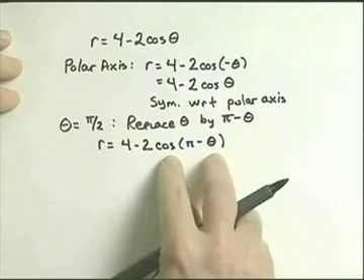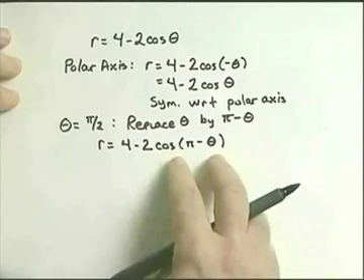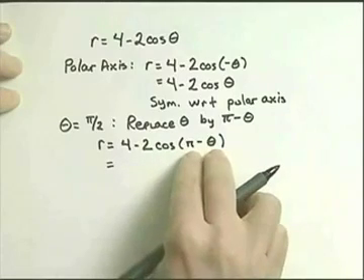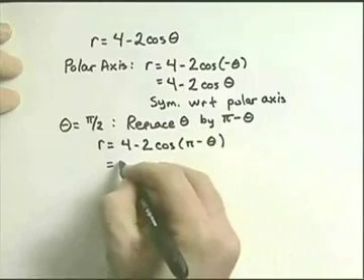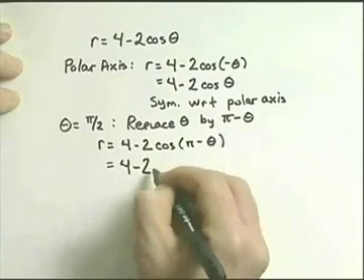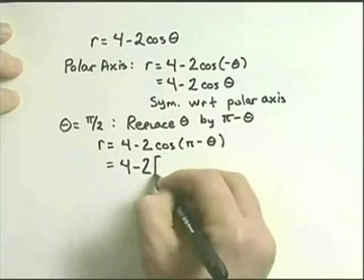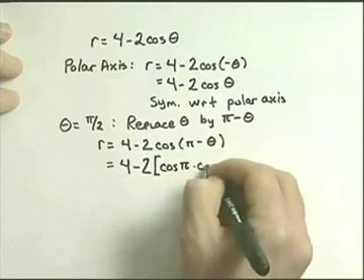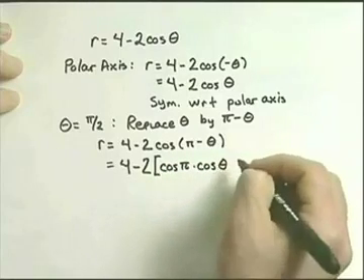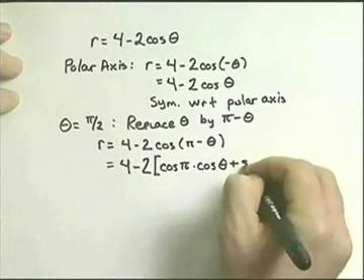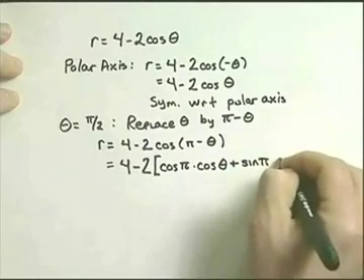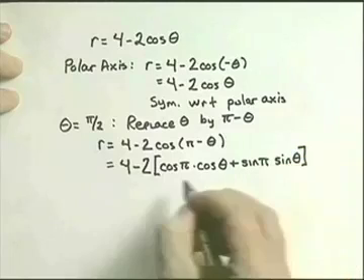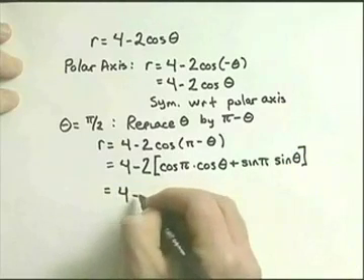To evaluate the cosine of pi minus theta is going to require the formula for the difference of two angles of a cosine. That is, it's going to be 4 minus 2 times the quantity cosine of the first angle times the cosine of the second angle plus the sine of the first angle times the sine of the second angle. Now we do some simplifying.